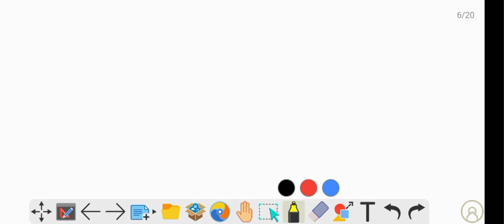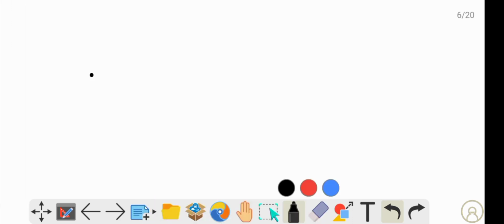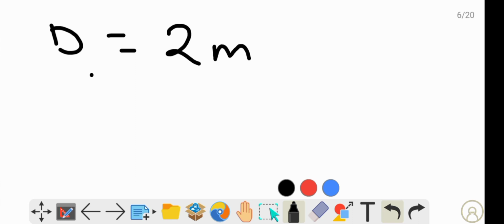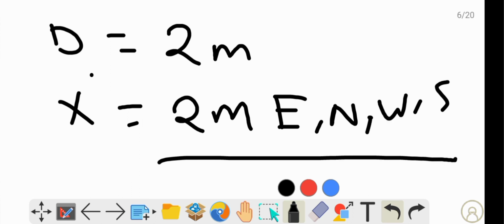So distance can be, for instance, 2 meters, but displacement will need to be 2 meters east, north, west, or south to show that this is a vector and it has a specific direction, right?